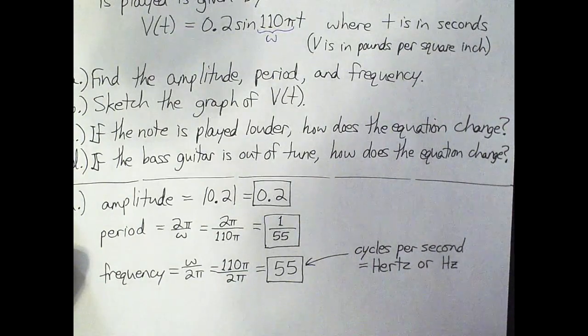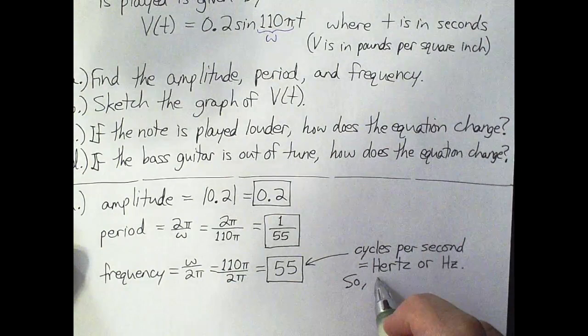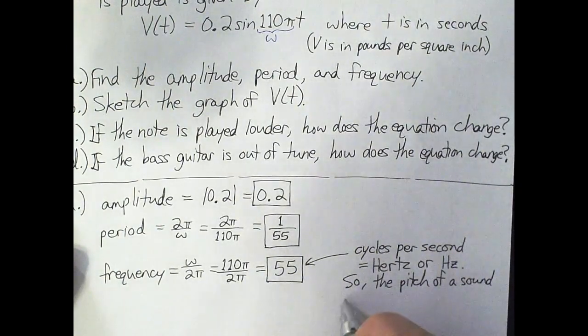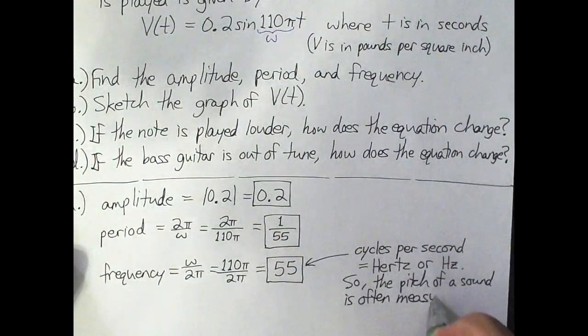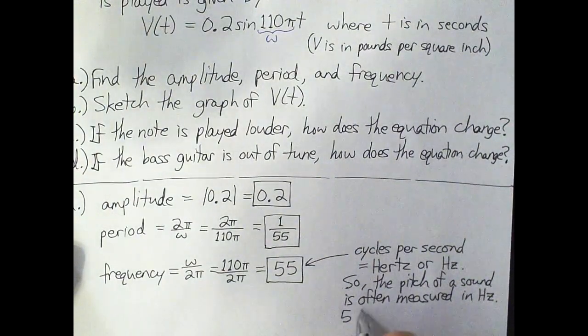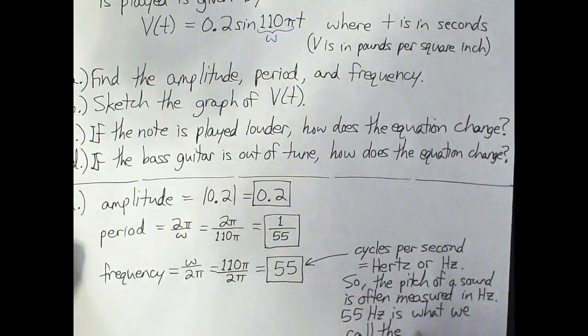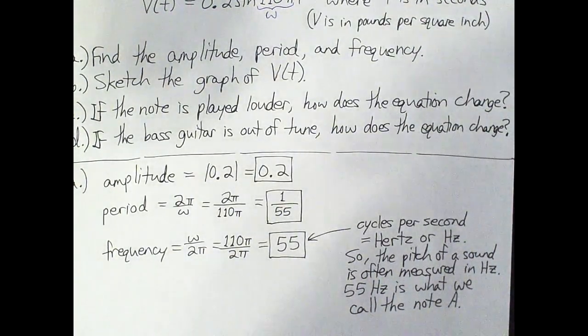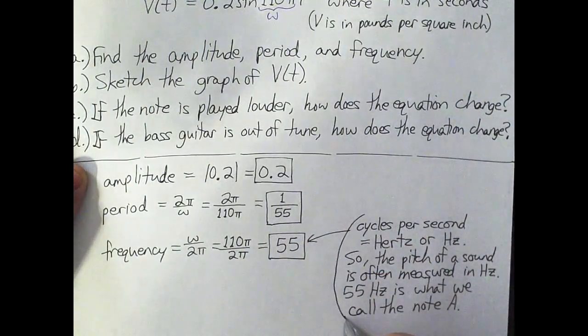And so I'm going to tell you that the pitch of a sound, like how high or low pitched it is, is often measured in hertz. 55 hertz is what we call the note A. If something is making the air vibrate in your ears, and makes your eardrum pick up the air vibrating 55 times per second, we call that the note A. I'm going to put that all in parentheses. That's all kind of a side note.